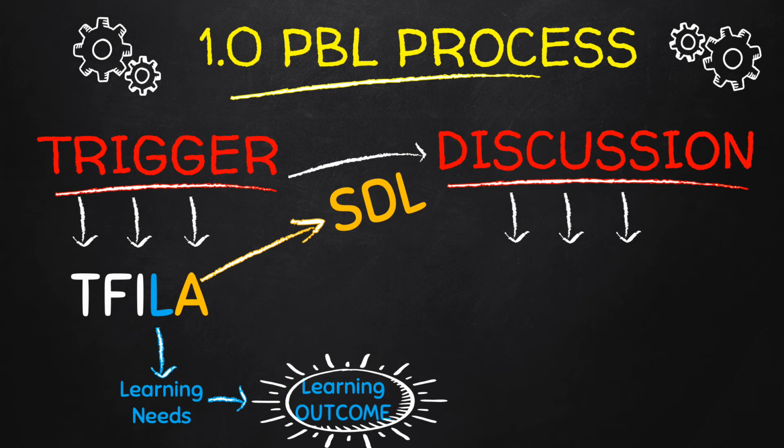Now, over the years, through conducting PBL, I have come up with a technique for the discussion part. If you were to ask yourself, what do you do during discussion, then you can have this same method being taught to the students. There are two key things that are done during discussion.